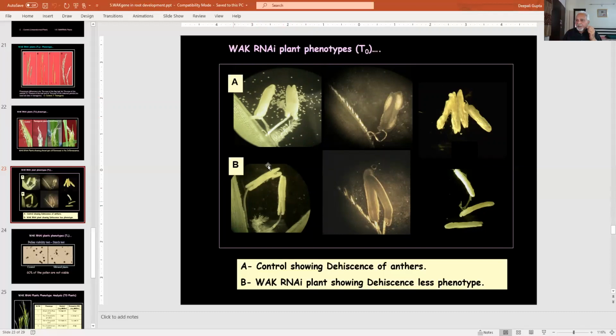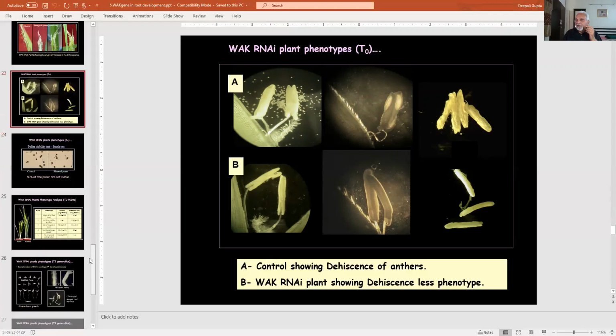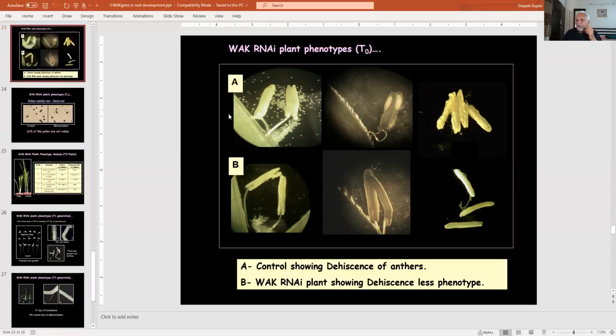But in the transgenic lines where the gene is silenced, the anther dehiscence is very less, or they don't dehisce, and when they don't dehisce, they don't release pollen. So there were visual differences which could be seen during development.